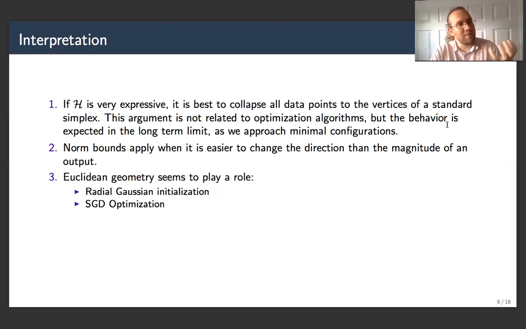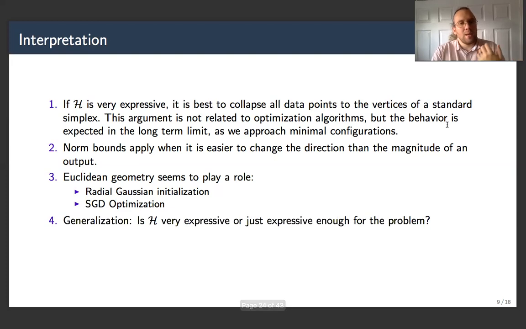And we believe that that might have to do with the fact that the optimizer and the initialization are generally compatible with Euclidean geometry. Specifically, the authors used SGD, which is based on the Euclidean inner product. And then the question obviously is, well, this is optimal in a class of measurable functions.